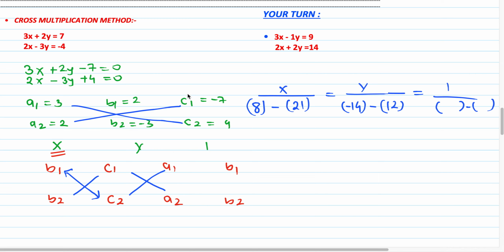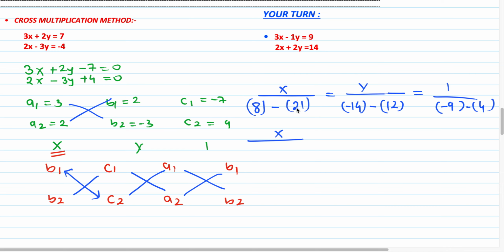For the third part, you have to multiply a1 b2, that is minus 9, and then b1 a2, that is 2 twos are 4.